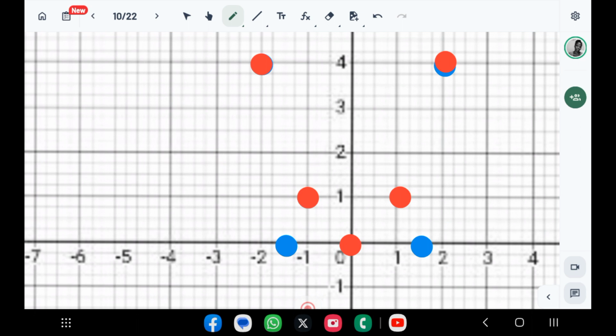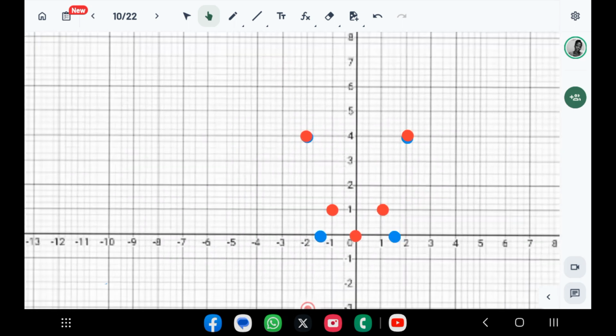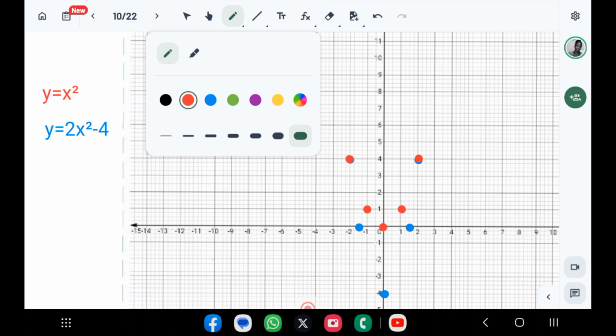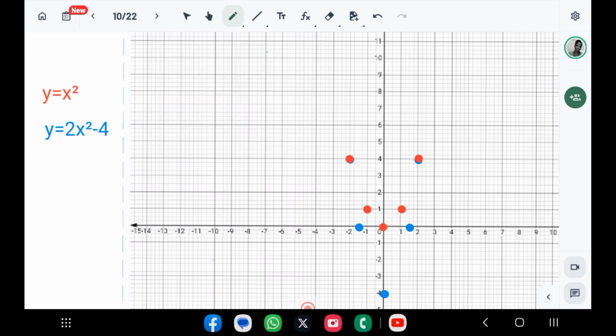Notice how these points coincide with each other. I want to leave a bit of color so you can see what happens here. Now let's join the points for the basic y equals x squared graph. Notice that you don't have to draw this y equals x squared graph. It's not part of the question. I'm drawing it so that you can see how it compares with the one that we're drawing now.